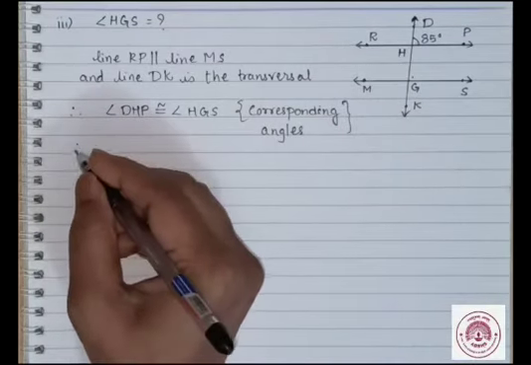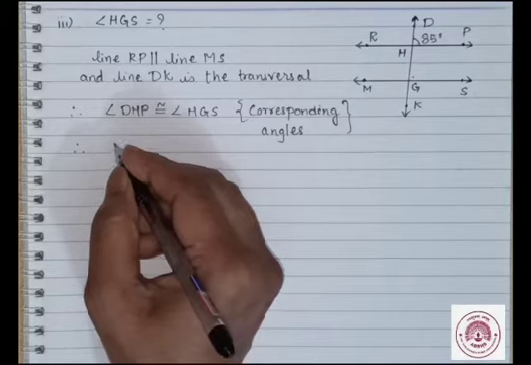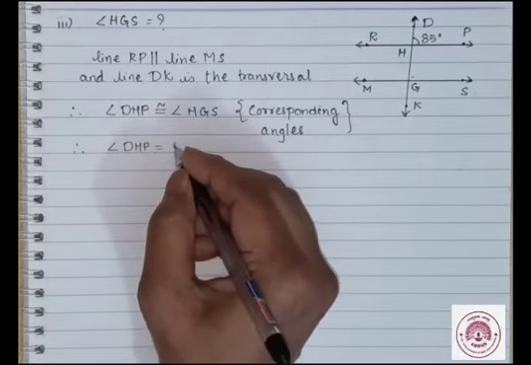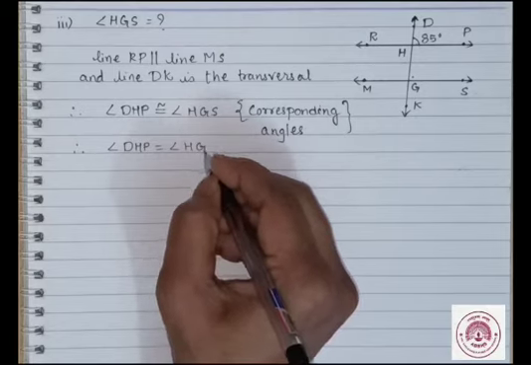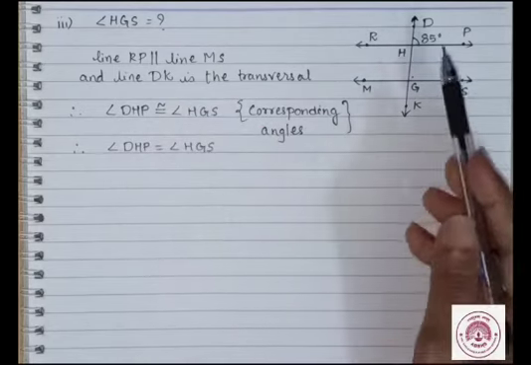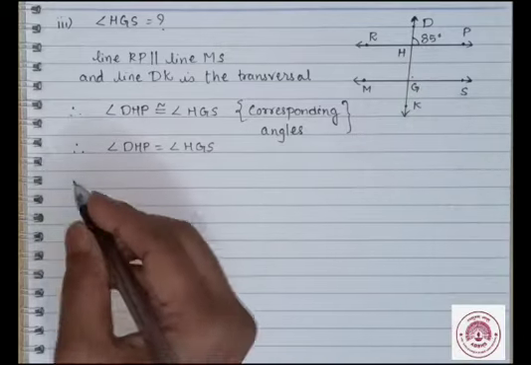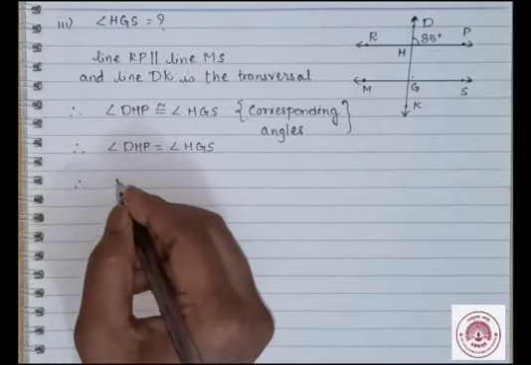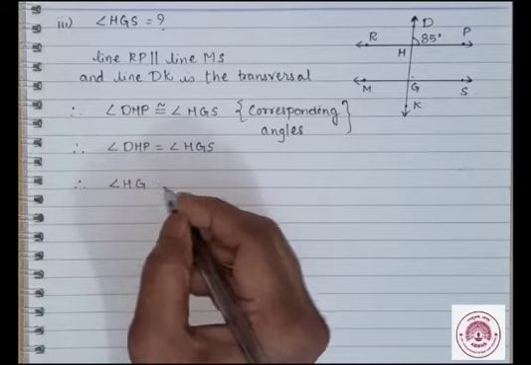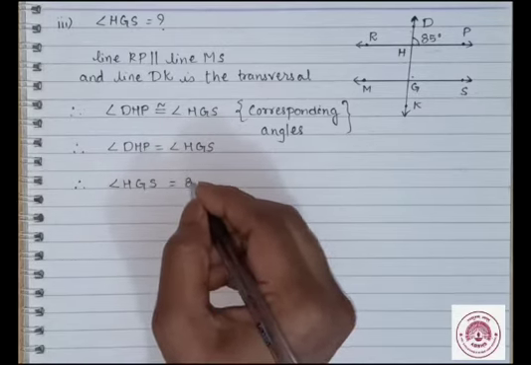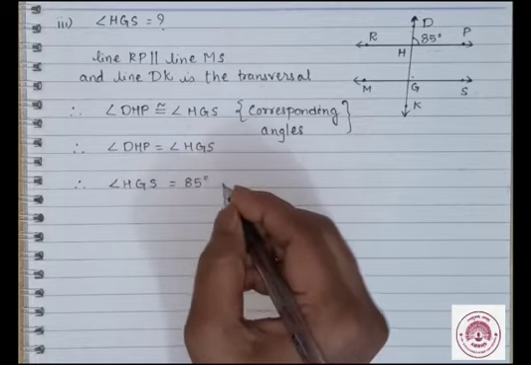Now therefore, angle DHP is equal to angle HGS. Now angle DHP, its measure is 85 degrees, and therefore angle HGS is equal to 85 degrees.